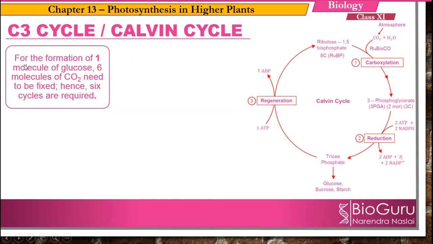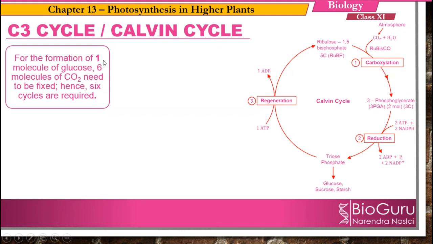As I already told you, for the formation of one molecule of glucose, 6 molecules of carbon dioxide need to be fixed because glucose is a 6-carbon compound. The carbons present in glucose are coming from carbon dioxide. So a 6-carbon compound requires 6 carbon dioxide.